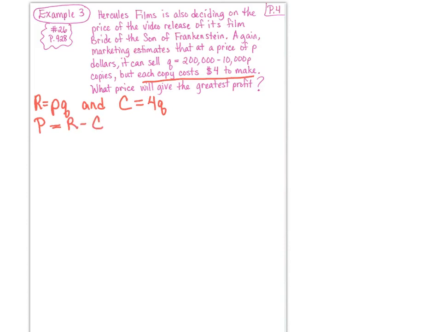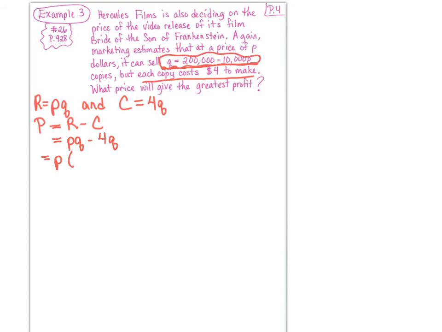Whenever we want to find what price will give us the greatest profit, we're asking to maximize our profit, so we need to know R and C in order to find that. So profit is P times Q minus 4 times Q, which is C. P is just your price. Then Q is this here.